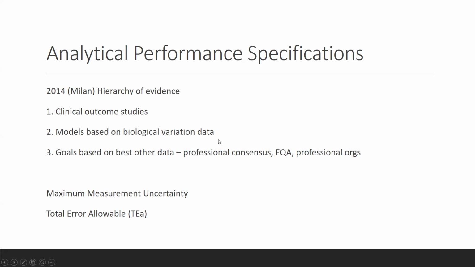There are also models that you can use based on biological variation data, which I'll come on to at a later point as well, and goals that might be based on other data, so professional consensus, EQA, professional organizations defining them. Now, these can all be defined in terms of maximum measurement uncertainty or total error allowable, which depends on whether you're using measurement uncertainty or total analytical error calculations. And just remember that TEA is total error allowable, and it's different from total analytical error.